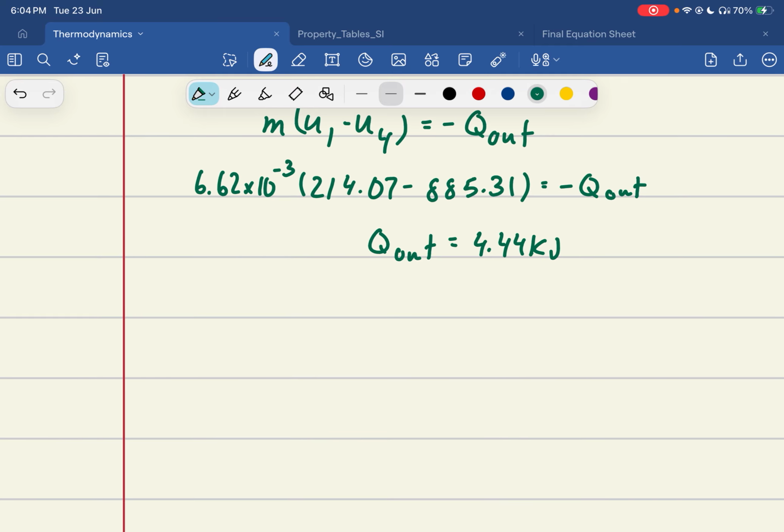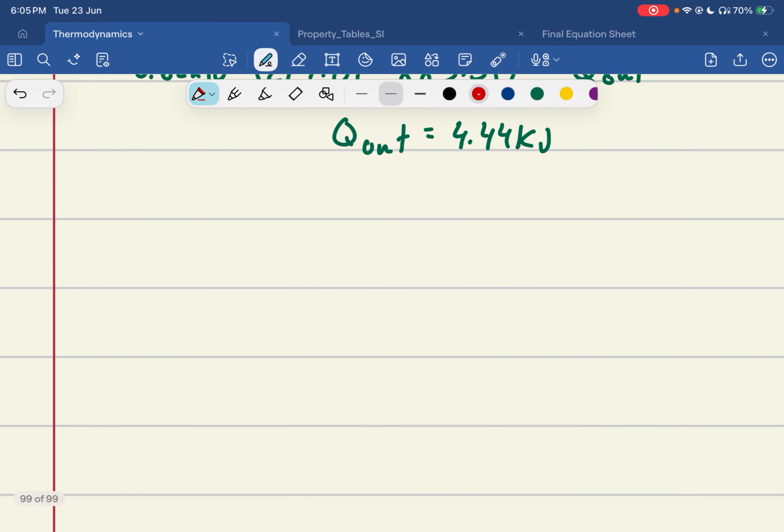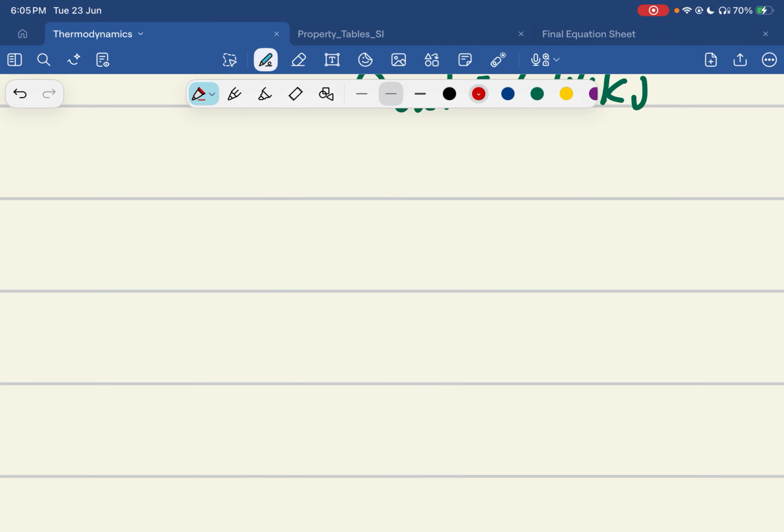And analyzing the entire cycle, we know that work net out equals Q in minus Q out.